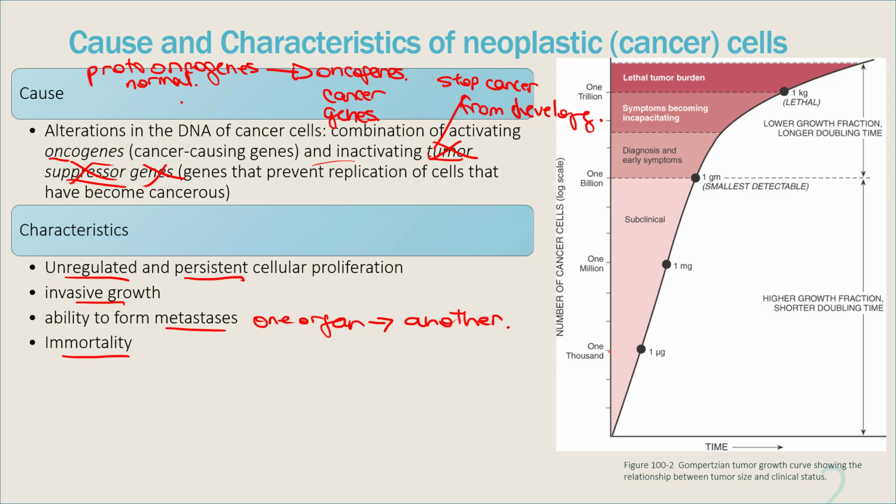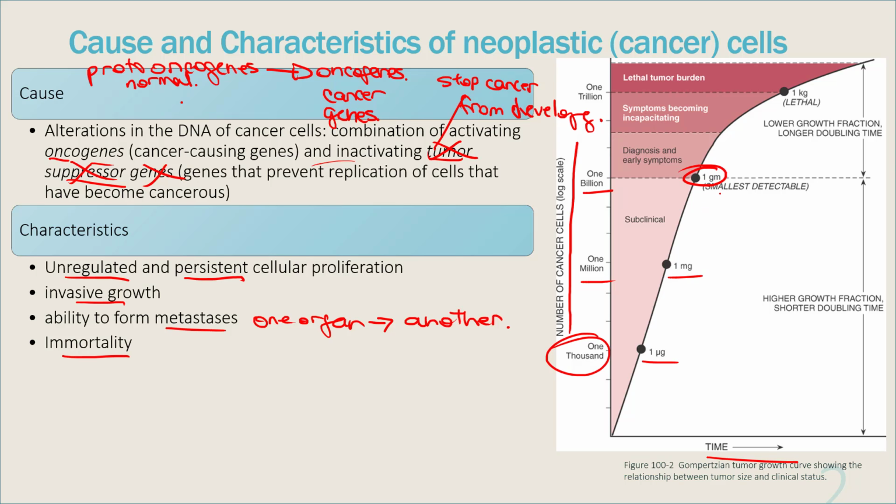If you see over here, we have the number of cancer cells on the y-axis, and time, which is unlabeled, so it's just increasing time. If there are 1,000 cancer cells, it weighs about 1 microgram. 1,000,000 weighs 1 milligram, and 1 billion weighs 1 gram.